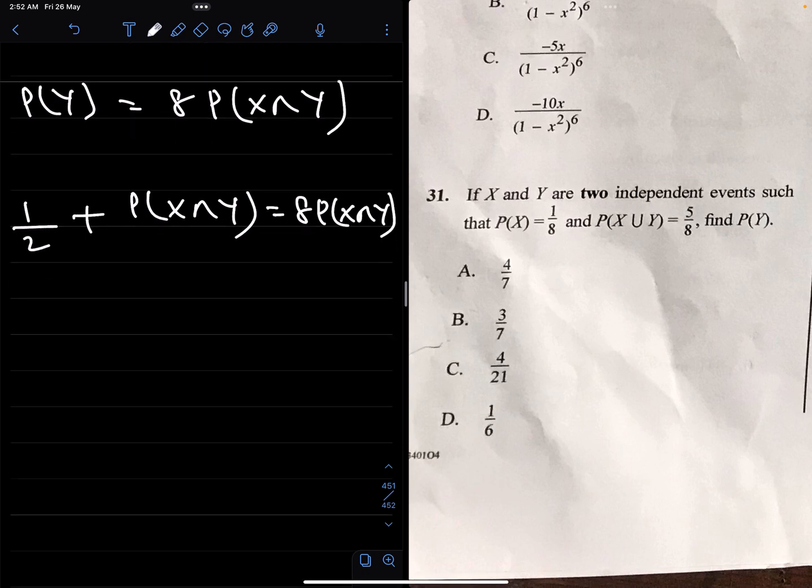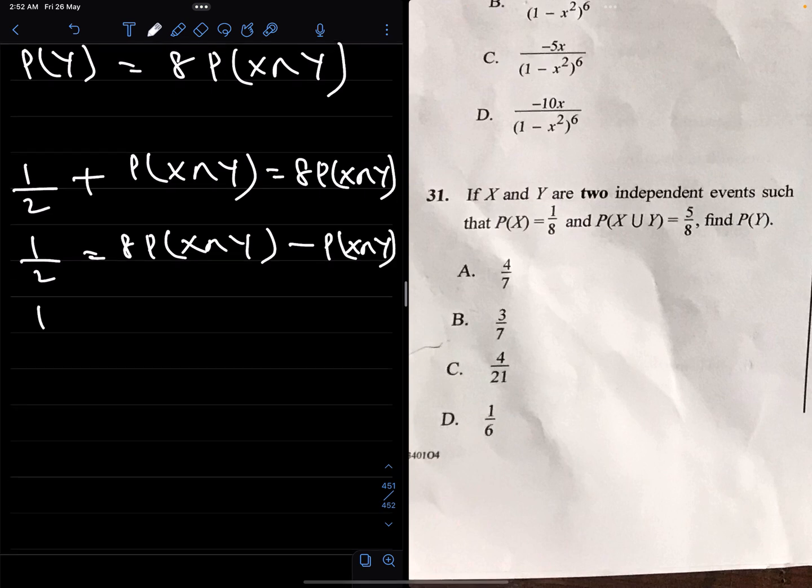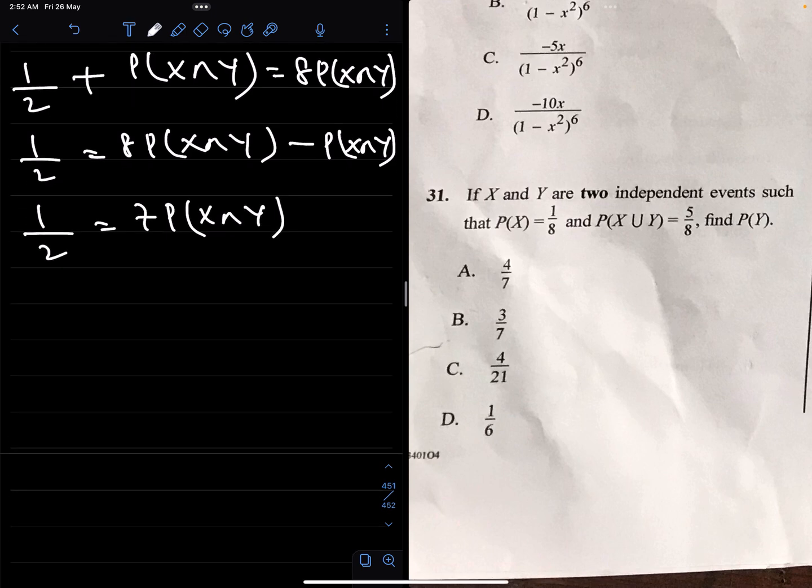That's the same as saying 1 over 2 equals 8 times the probability of x intersection y minus the probability of x intersection y, which means 1 over 2 equals 7 times the probability of x intersection y. When you divide both sides by 7, the probability of x intersection y is going to be 1 over 14.